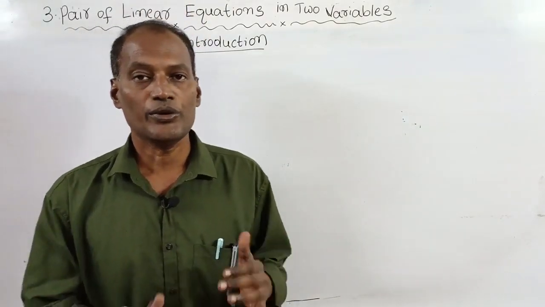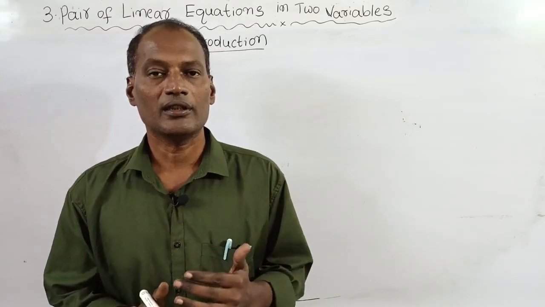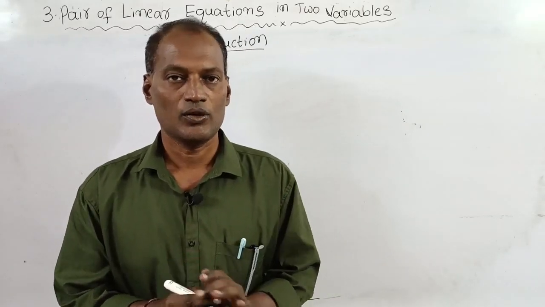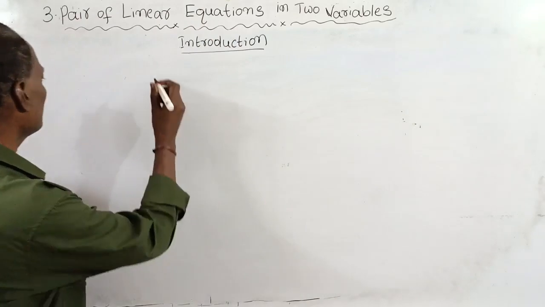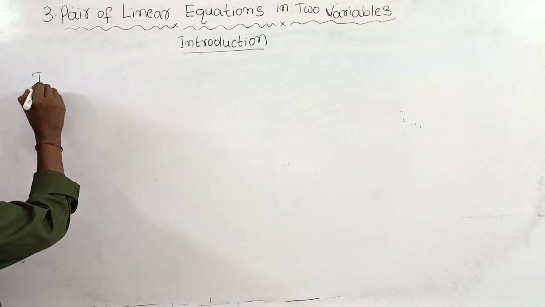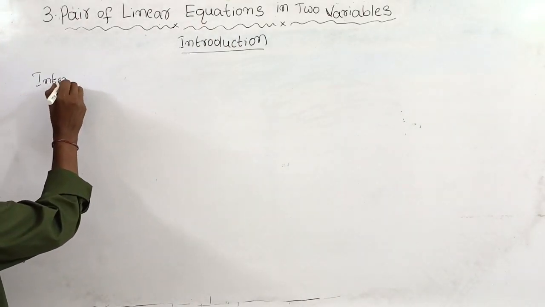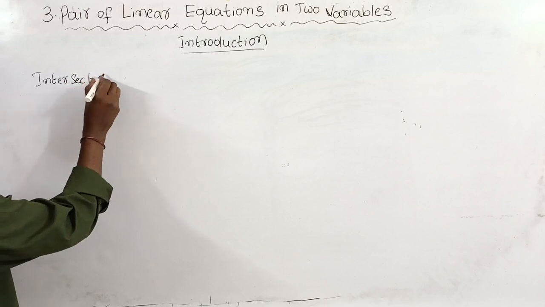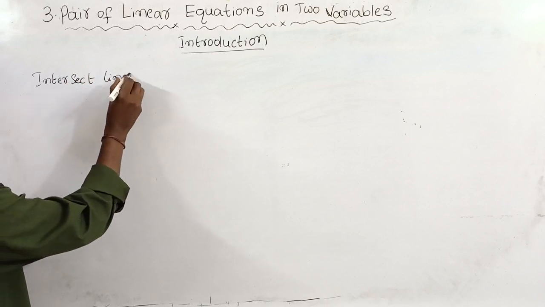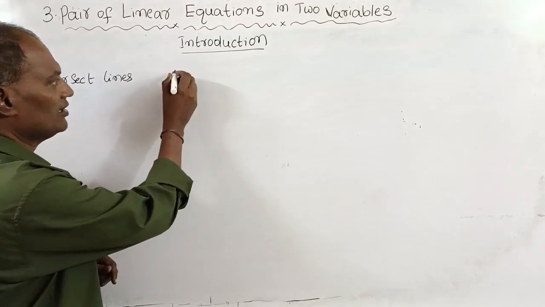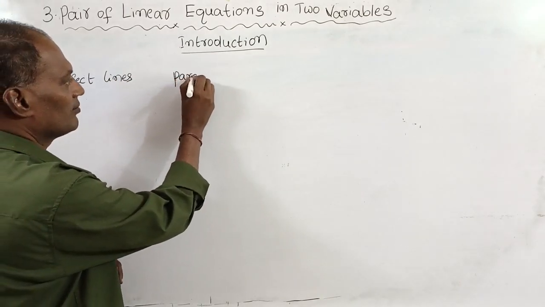In this lesson, we should remember three types of lines. One is intersecting lines. Second is parallel lines.